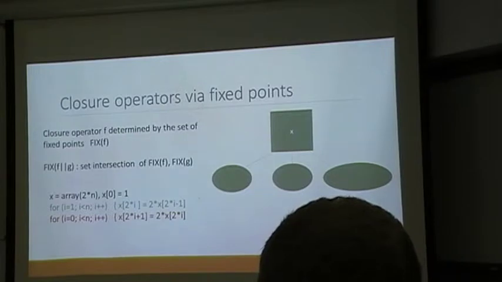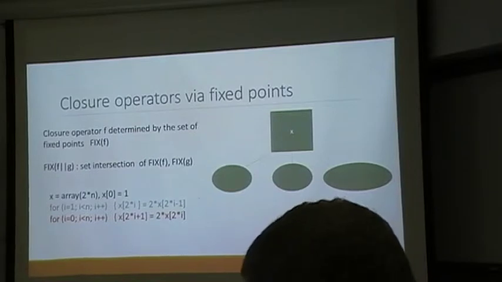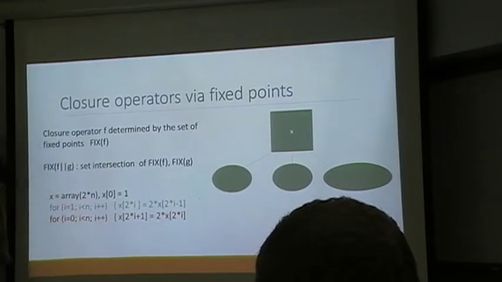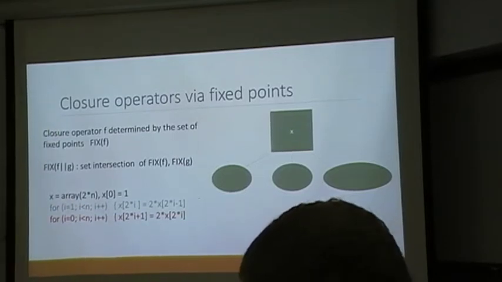We can think of the closure operator just in terms of its fixed points, right? So here the fixed points are where x is already an array of this even size. The fixed point of the for loop above is something which already sets the even indices appropriately. The fixed points of that are something which sets the odd indices appropriately.